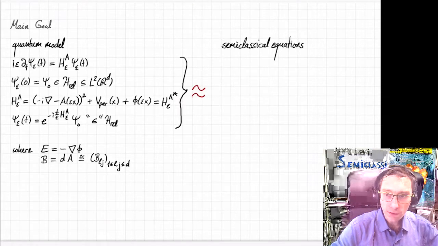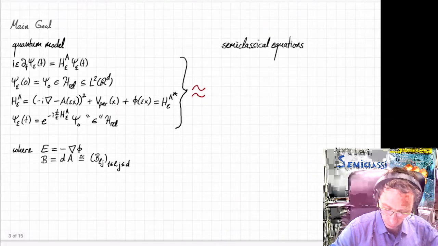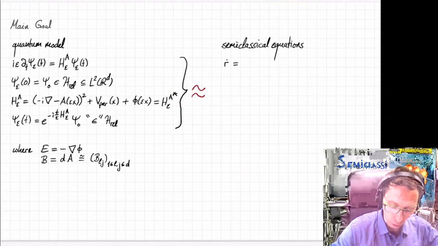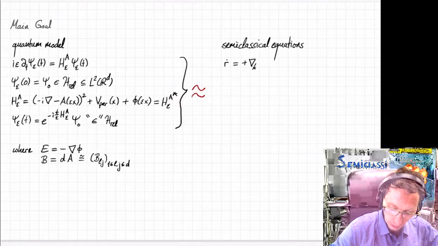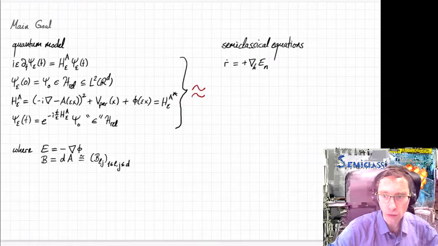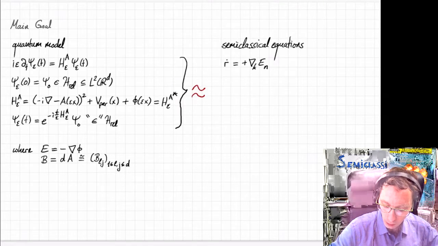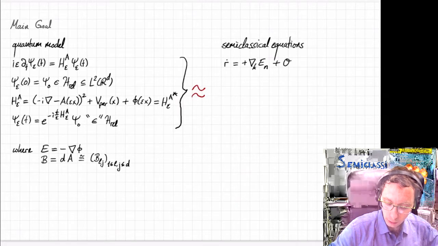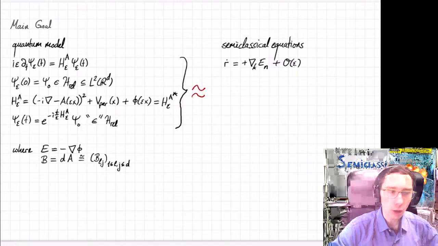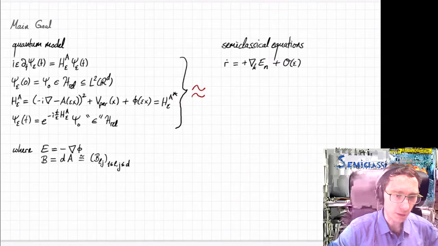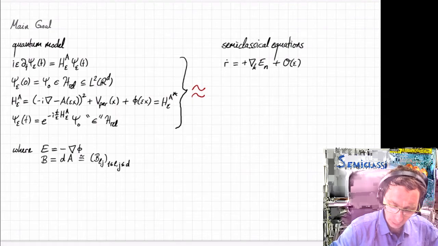So in the simplest case, to leading order, you would get an equation for the velocity, r dot, which is just plus the k gradient of a so-called energy band function E_n, plus higher order corrections in the semi-classical parameter, perhaps.